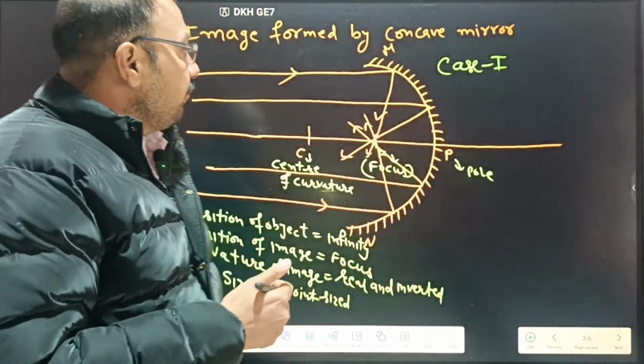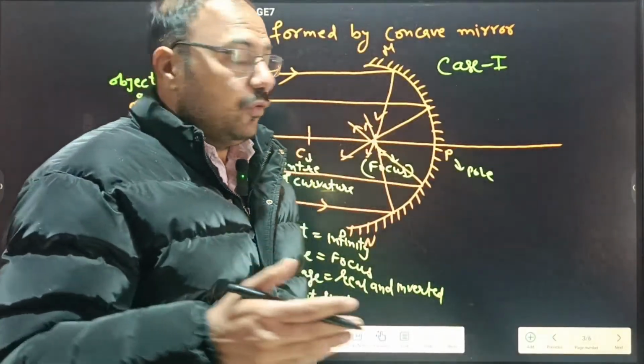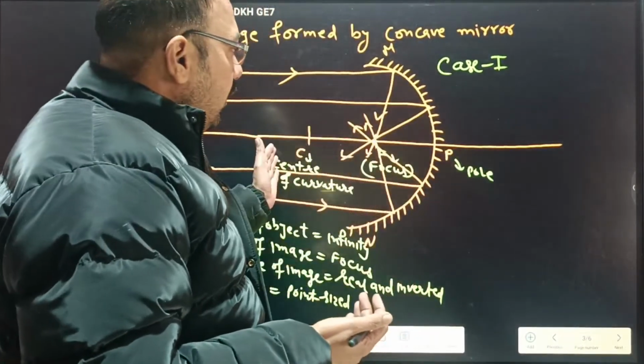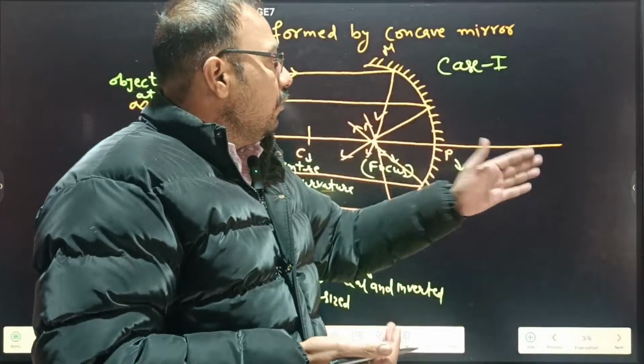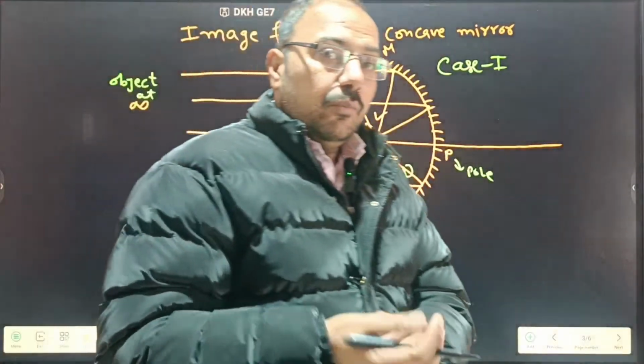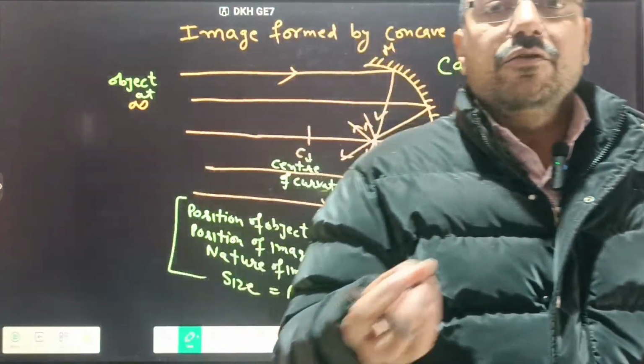The object is always put on the left-hand side, and the image may form before the pole or after the pole.